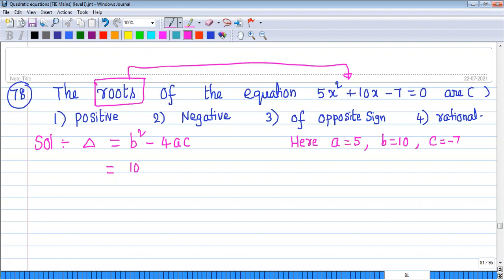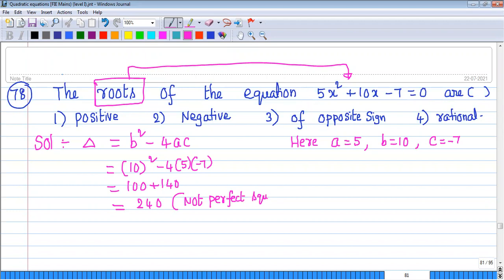So 10 square minus 4 times 5 times minus 7. This will be 100 plus 140, 240. 240 is not a perfect square. Not perfect square means we can say that roots are irrational.